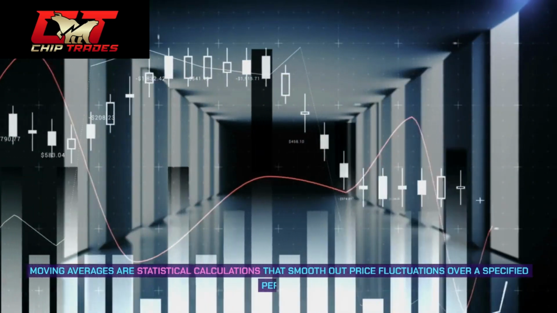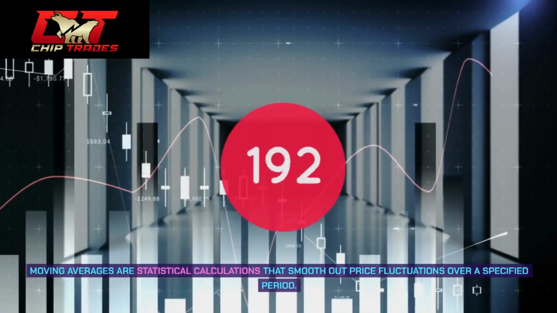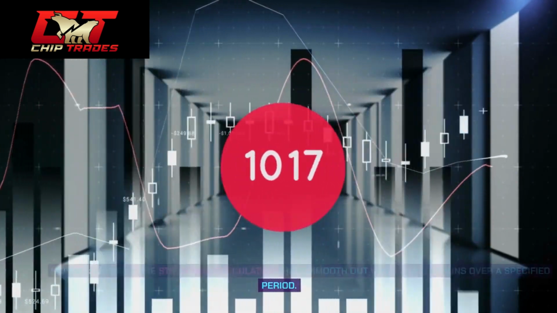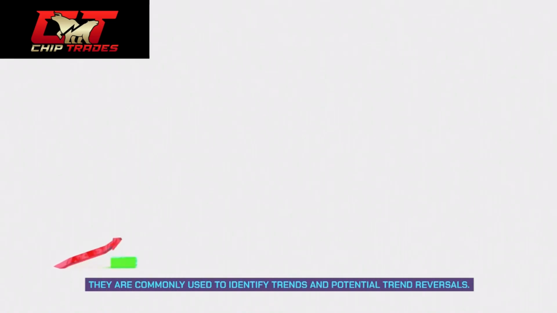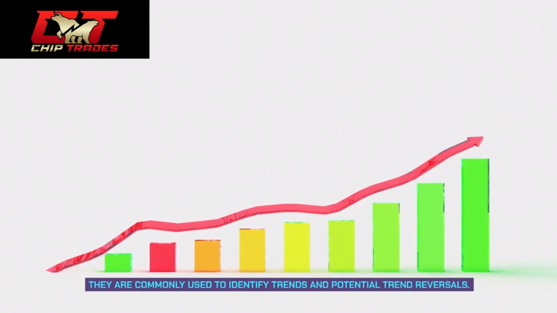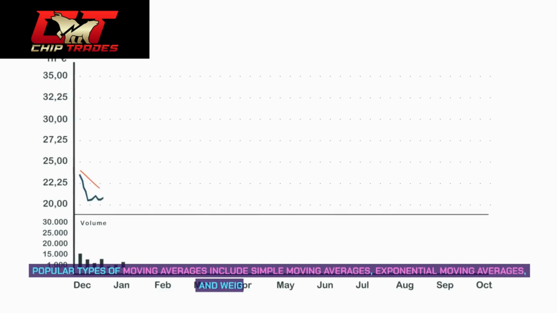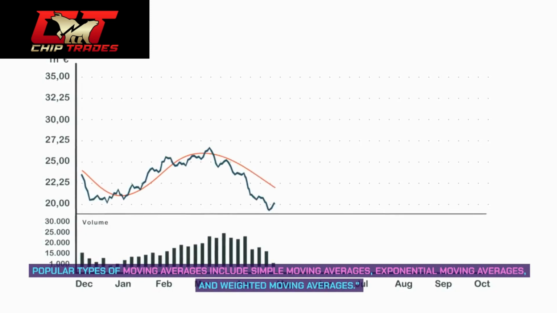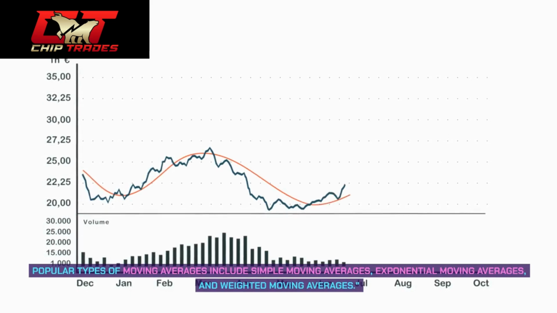Moving averages are statistical calculations that smooth out price fluctuations over a specified period. They are commonly used to identify trends and potential trend reversals. Popular types of moving averages include simple moving averages, exponential moving averages, and weighted moving averages.